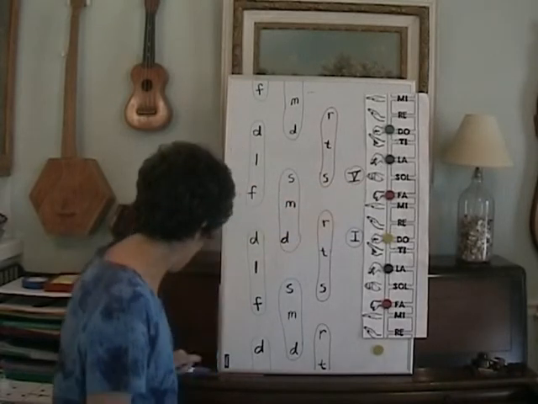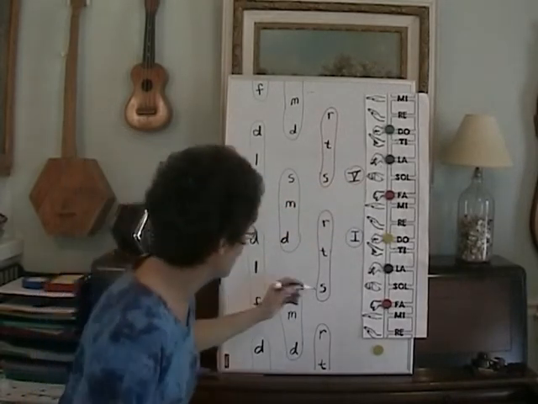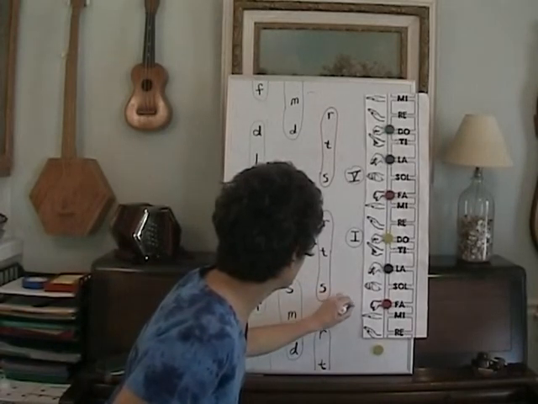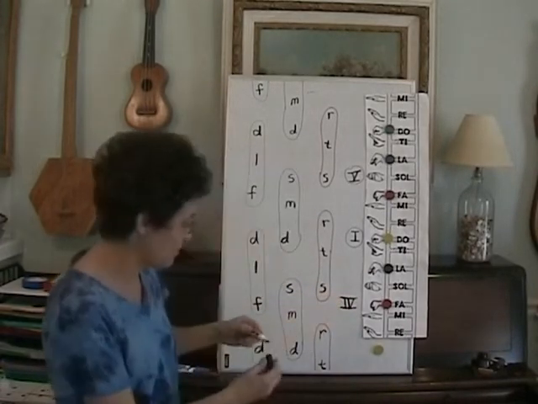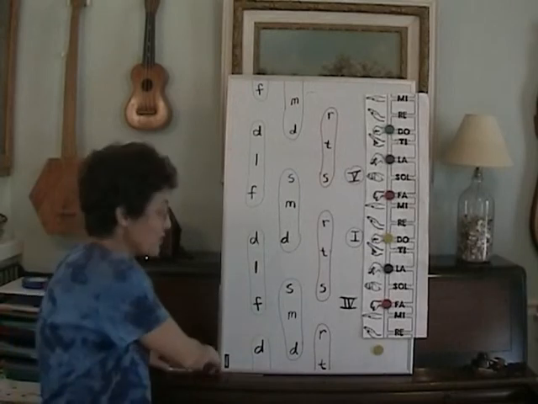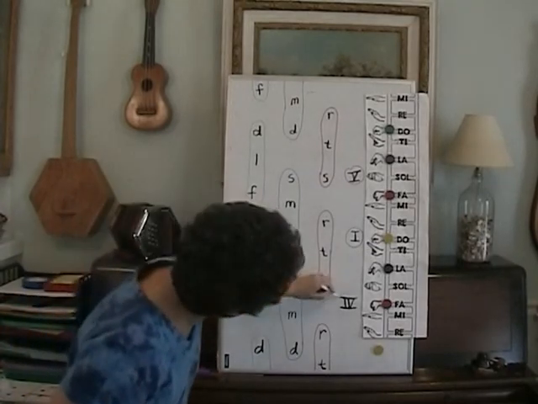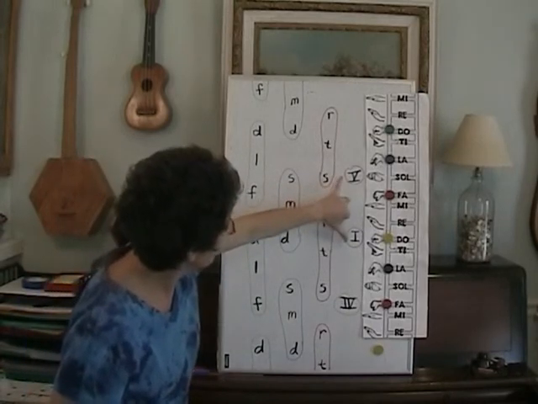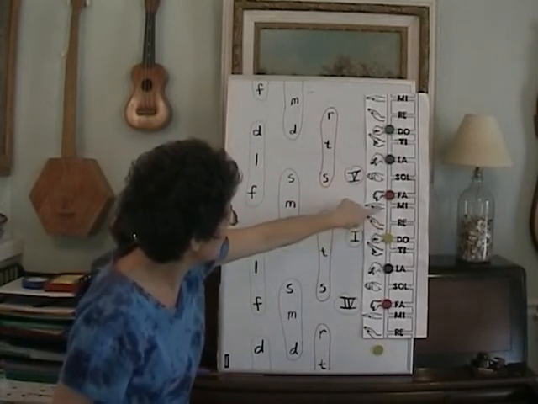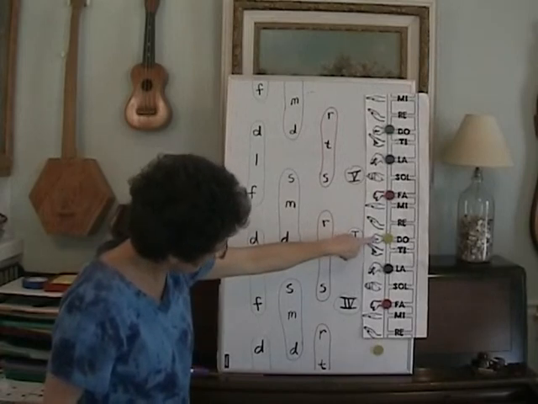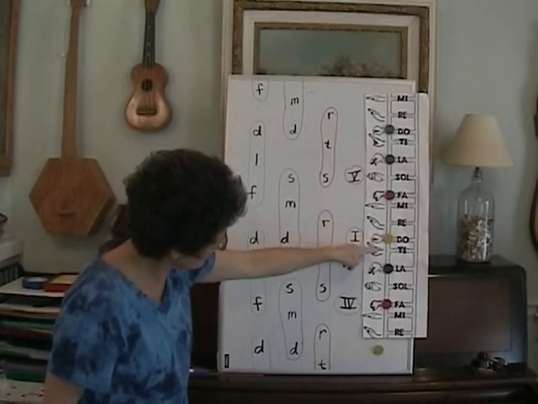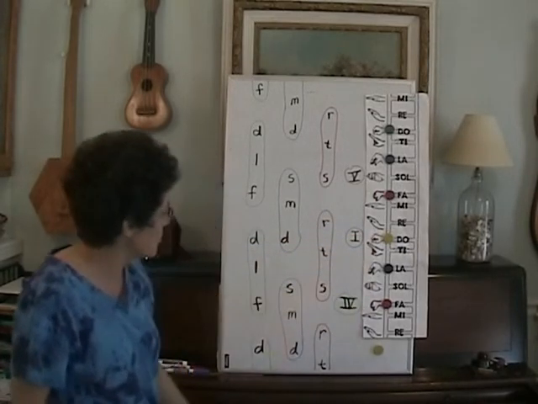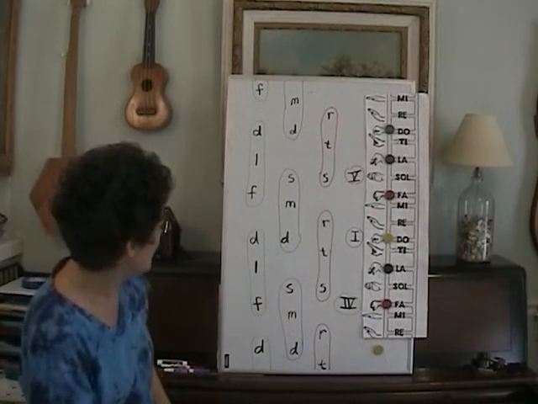I'm going to show you this down below, the subdominant, because it's below the dominant. It's actually why it's called the subdominant. If you look here, the dominant is a fifth above the tonic, 1, 2, 3, 4, 5, and the subdominant is a fifth below the tonic, 1, 2, 3, 4, 5. So the subdominant. So here we go.